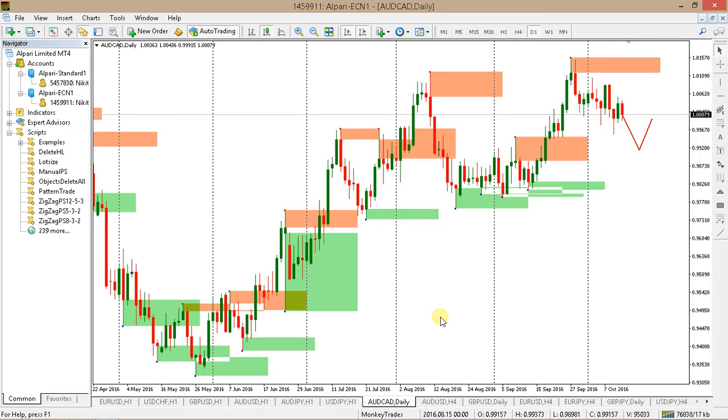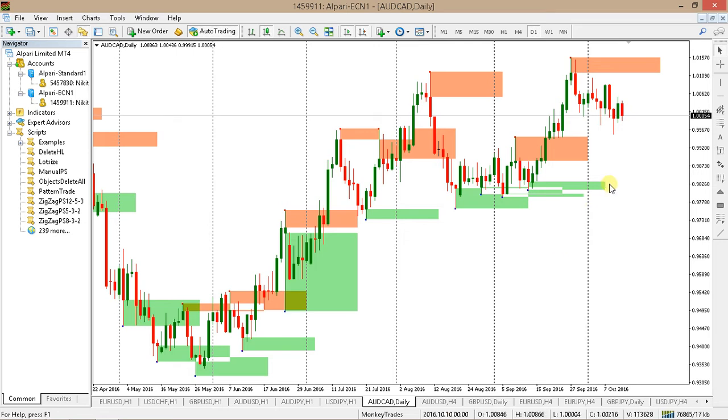Then it will break them, showing us a trending market. We know that only 30% of the time price is trending. Most likely it will be consolidating. You can see it here. The zone above is a resistance zone, and the zone on the bottom is a support zone. See, price was consolidating in between these two lines for a pretty long period of time.